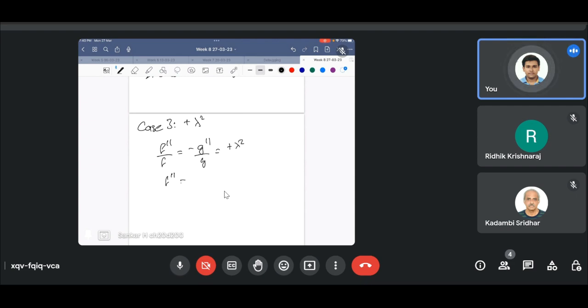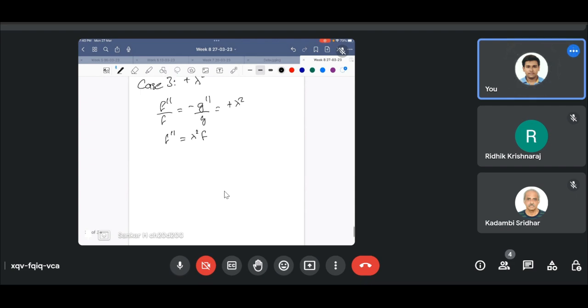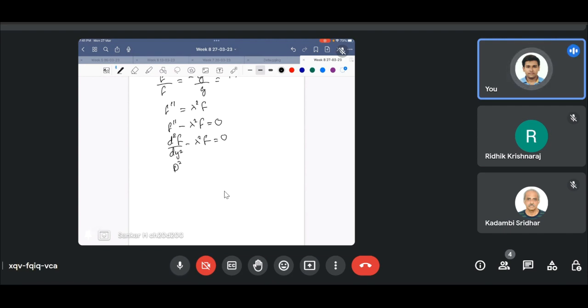Therefore, f double dash is equal to lambda square f, and we'll get f double dash minus lambda square f equal to 0, which we can write as d square f by dy square minus lambda square f equal to 0. D square minus lambda square times f should be equal to 0. So d should be equal to plus or minus lambda.